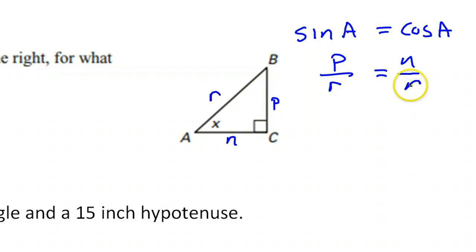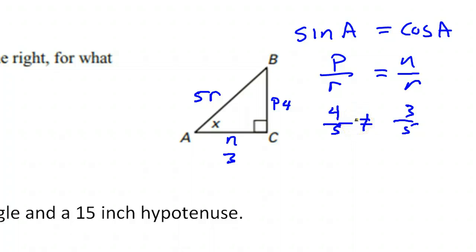Normally these wouldn't be the same. If this was 3, 4, and 5, for example, then the sine of A would be 4 over 5, and the cosine of A would be 3 over 5.